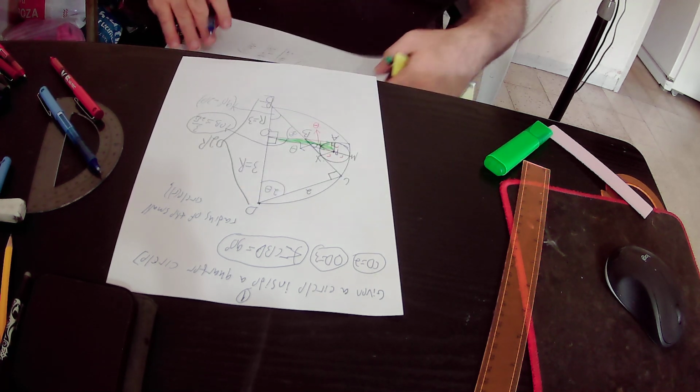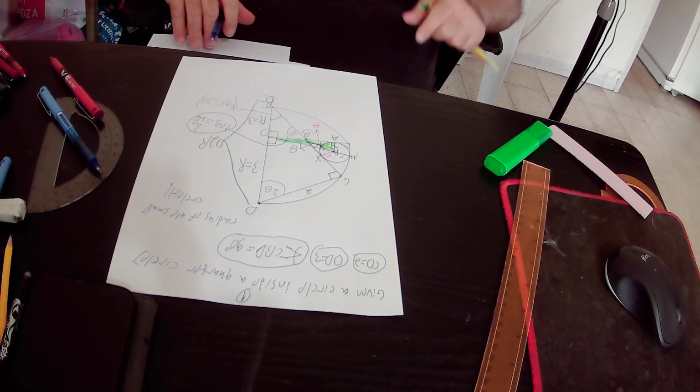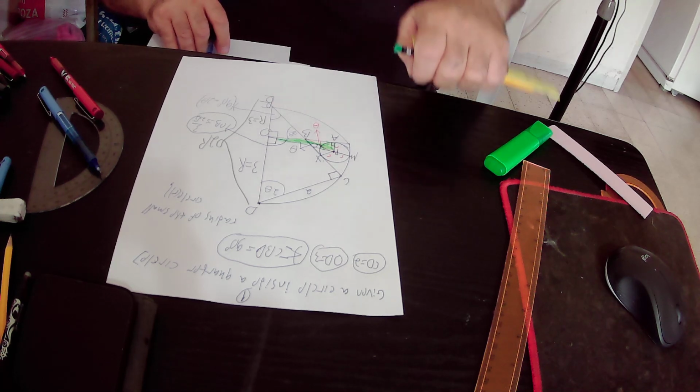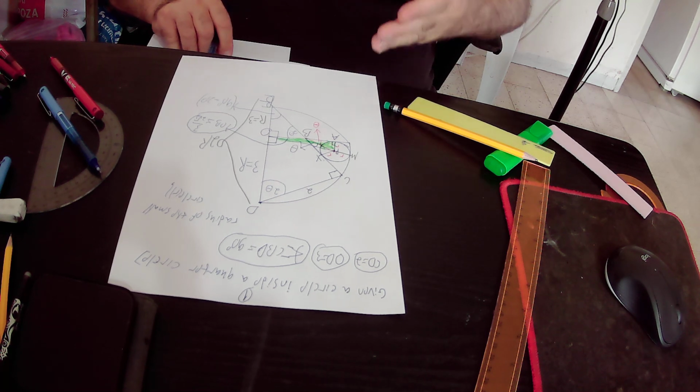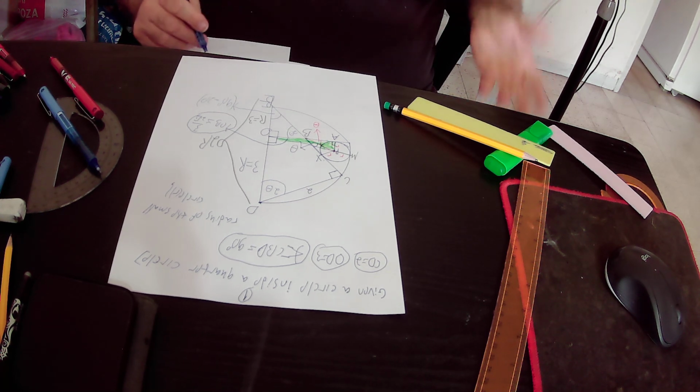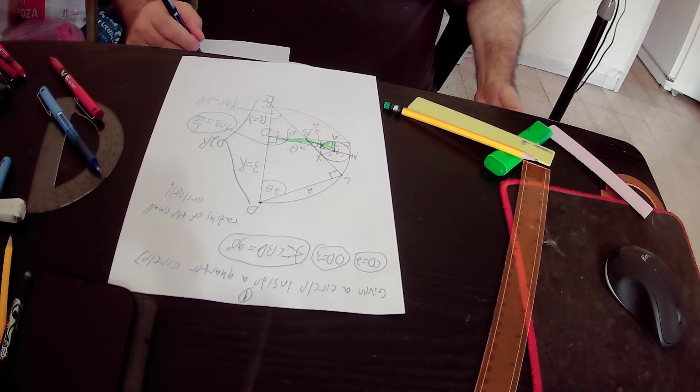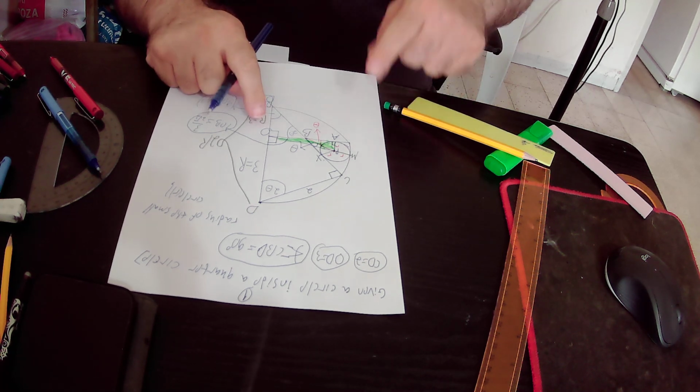And what is the size of OM? O is the center of the semicircle, and M is a point on the semicircle itself. So OM is the radius of the semicircle. OM equals capital R.